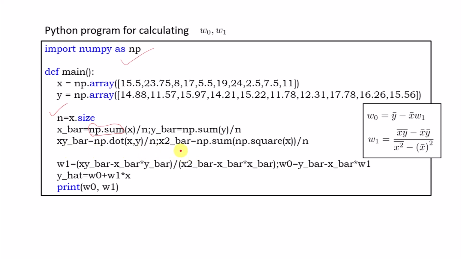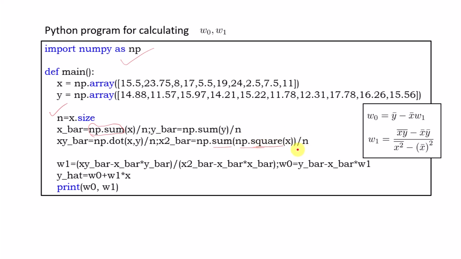And X2 bar, that is once again np.sum of another vector, which is this np.square(X). This np.square(X) will square each element of X individually, and it will give us back a same size array.